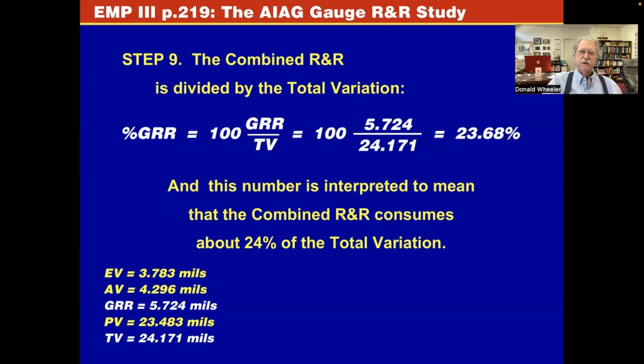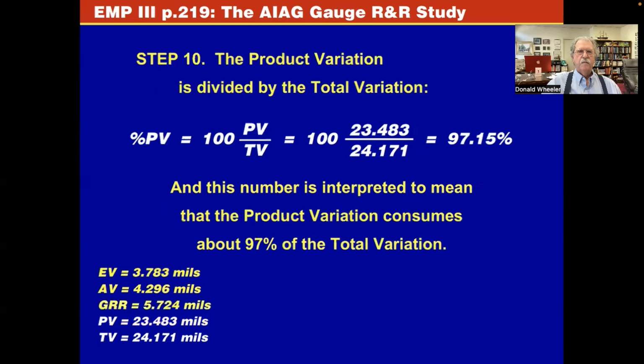And this number is interpreted to mean the combined R&R consumes about 24% of the total variation. And step 10, the product variation is divided by the total variation, 23.5 over 24.2. And this number is interpreted to mean that the product variation consumes about 97% of the total variation.